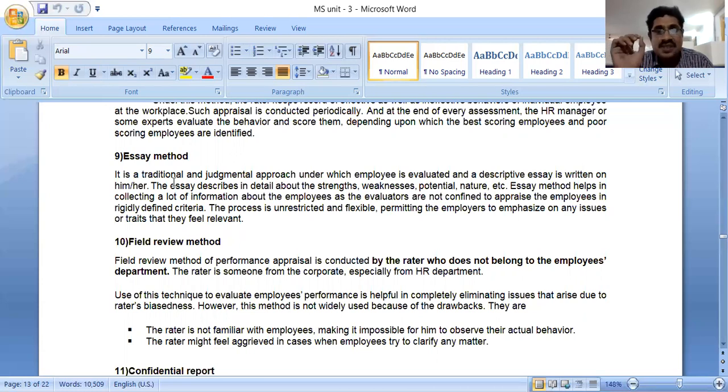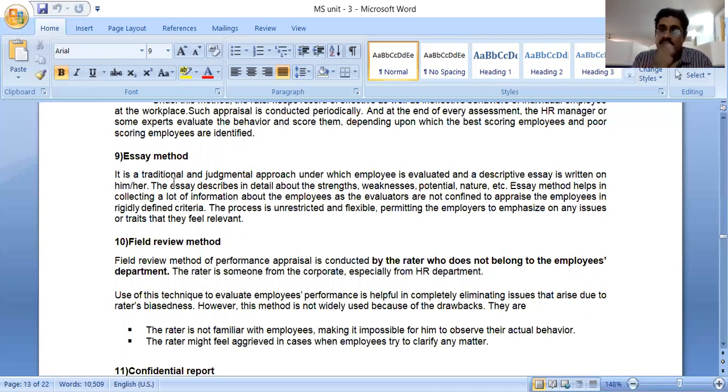If the subordinate's performance is good, then the higher authority will write a paragraph or an essay in a positive manner. If the subordinate's performance is bad, then the higher authority will write an essay or a paragraph in a negative manner, in a negative sense.